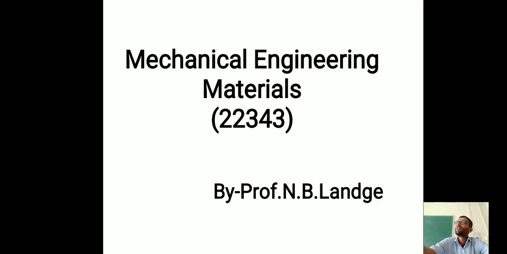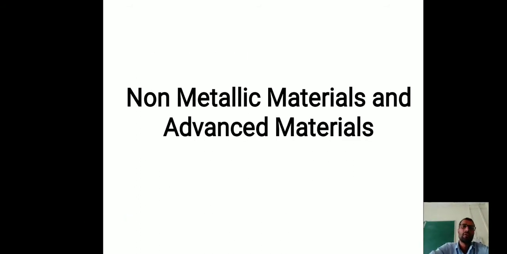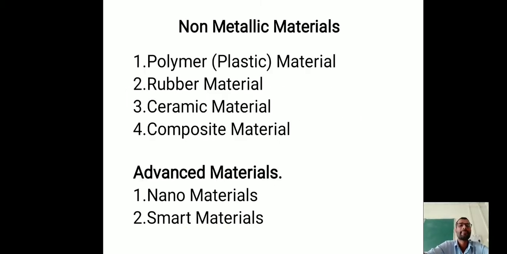So friends, we are in the unit called non-metallic materials and advanced materials. And in the previous lecture we have discussed, in the chapter, how we have to learn these non-metallic and advanced materials in detail.